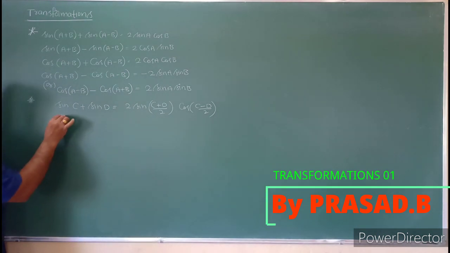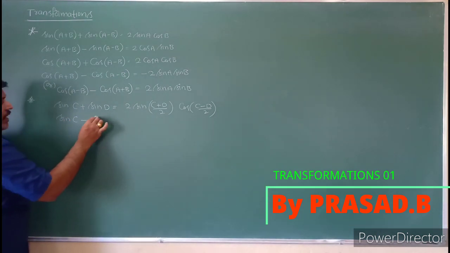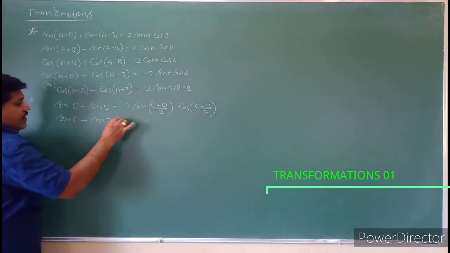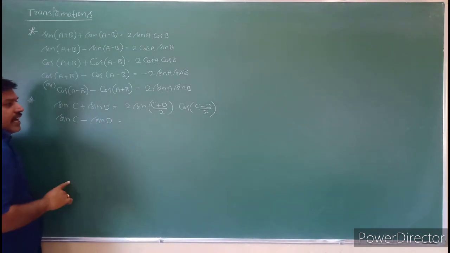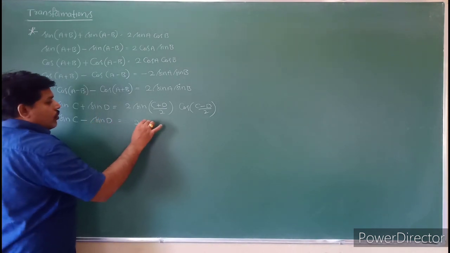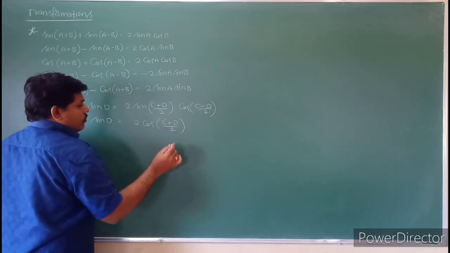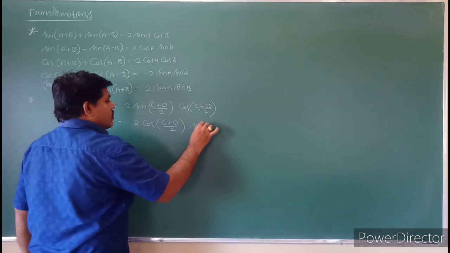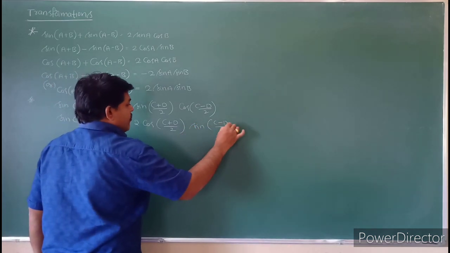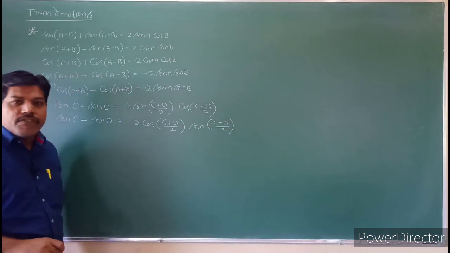Next, sin c - sin d is equal to 2 cos((c+d)/2) sin((c-d)/2).